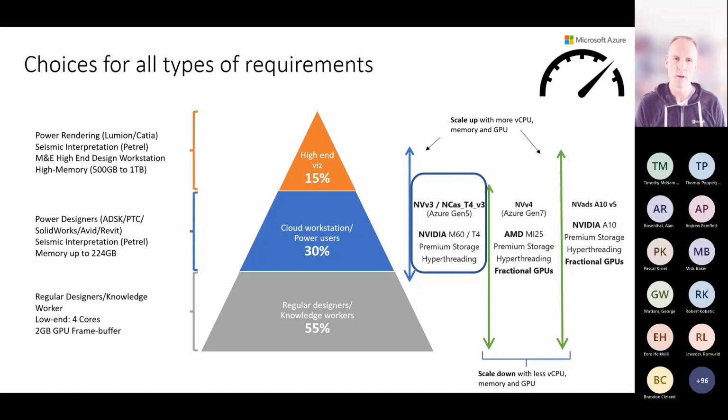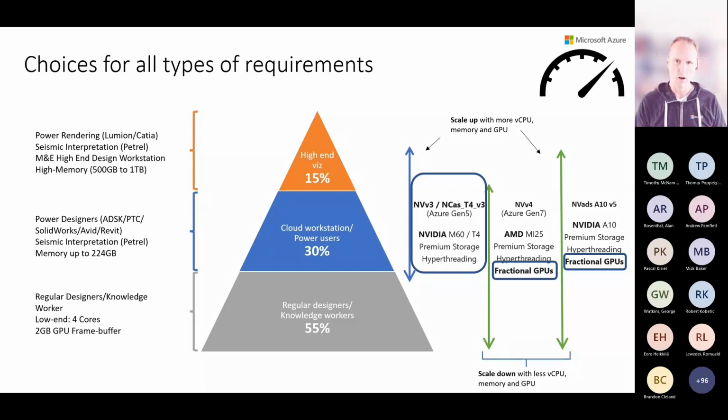There's new versions of them coming out, but for example, the NVV3 is available for us. The NCS T4 is also available. And that's a great solution for customers that have high demands, or individual users that have high demands. But the more recent advancements in Azure, as of the last few years, have allowed us to also offer VMs with a fractional GPU.